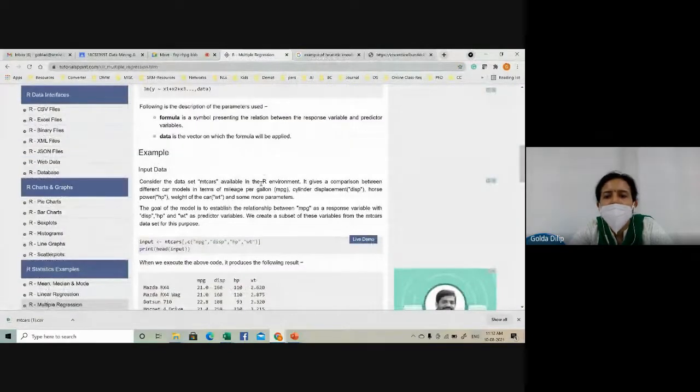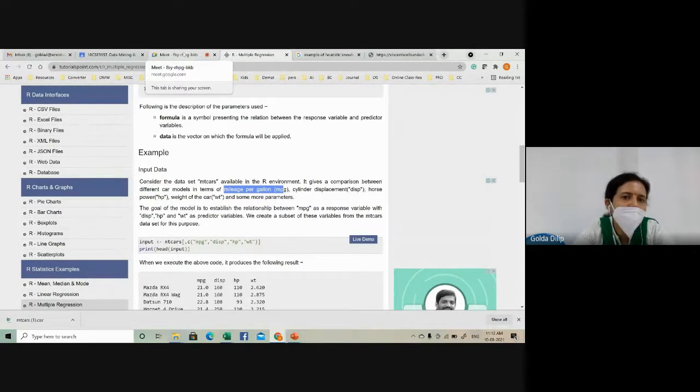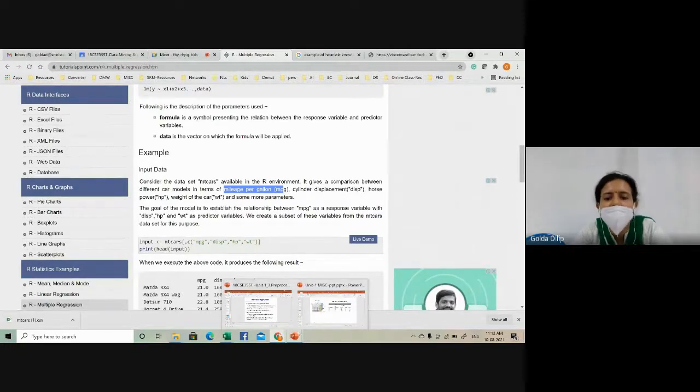See, we did a comparison of mileage per gallon with the other aspects, that is cylinder displacement, horsepower, and car weight. Only those. So we have selected only these features for our analysis using multiple linear regression.